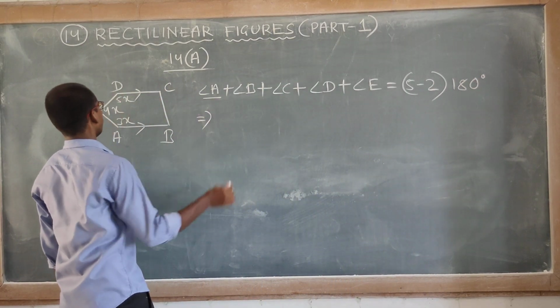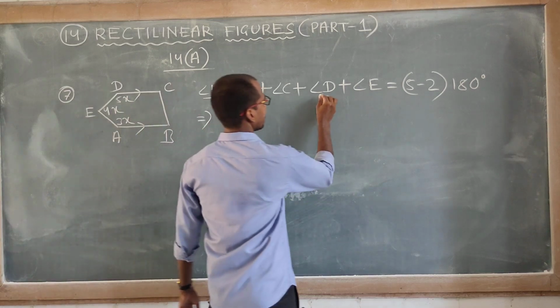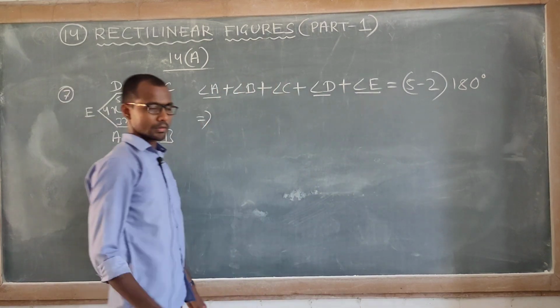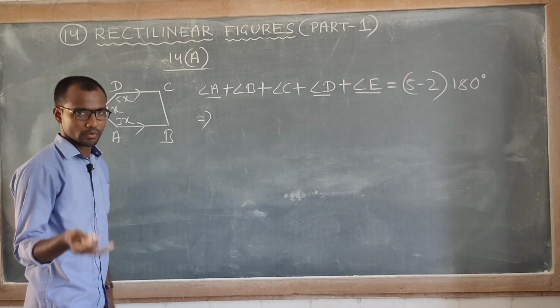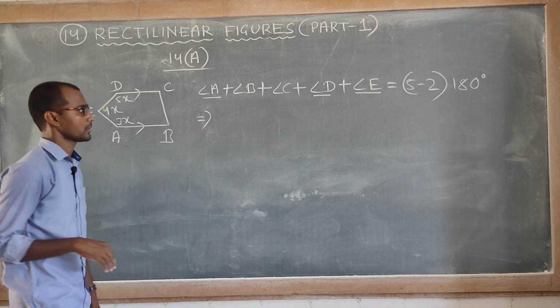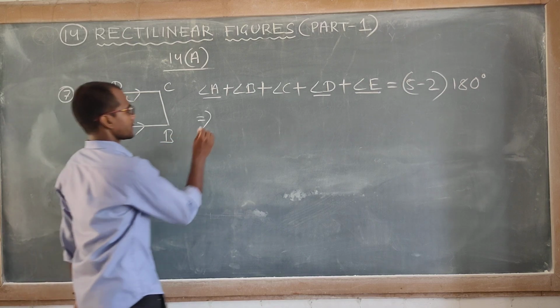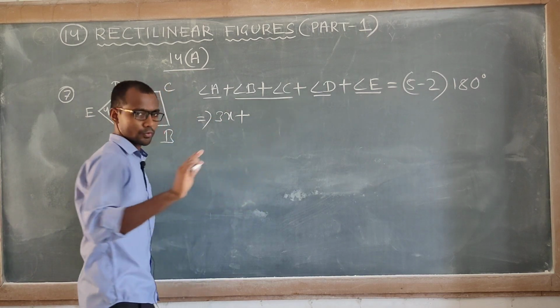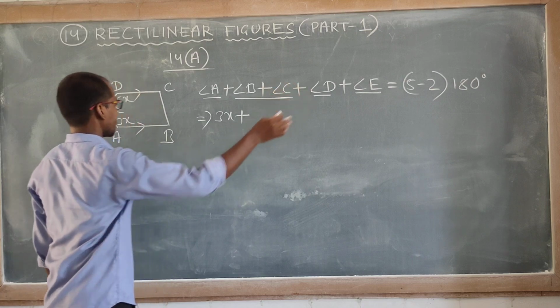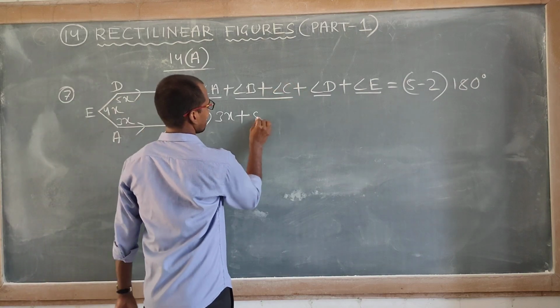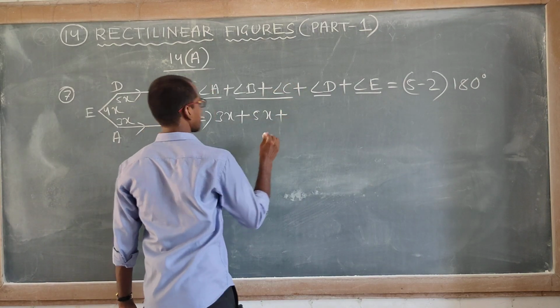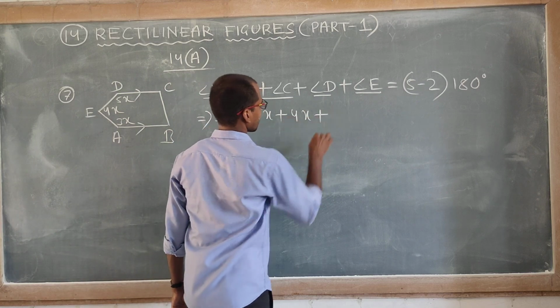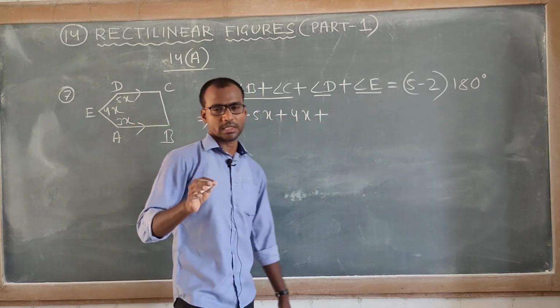Now angle A, angle D and angle E. These three values we have, means values we have not got, but in terms of x we have got. So 3x plus B and C I will put later on. Okay, let us go for D and E. D is 5x, E is 4x.